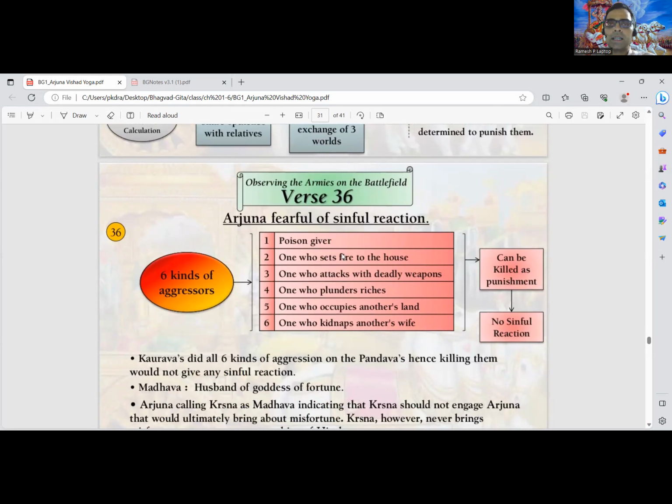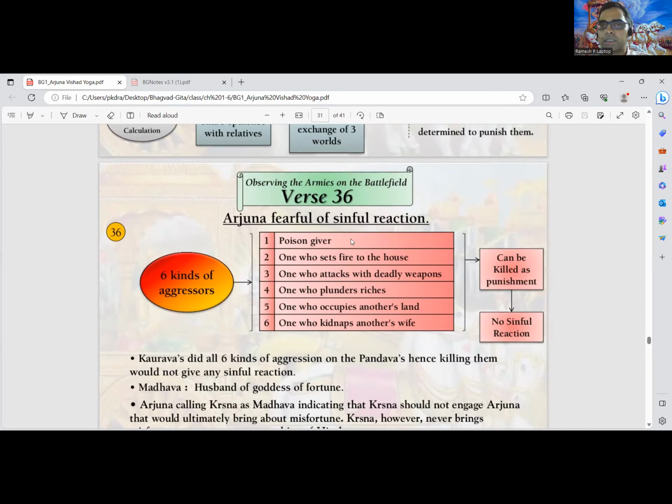And in the next section, Arjuna goes deeper into philosophy and says that these are the six aggressors, whom if you kill, you will not incur any sinful reactions.